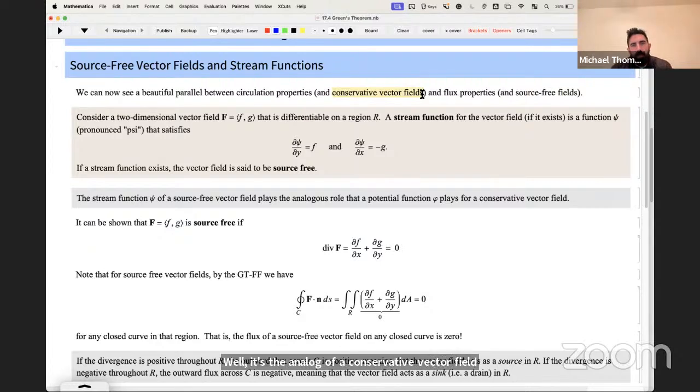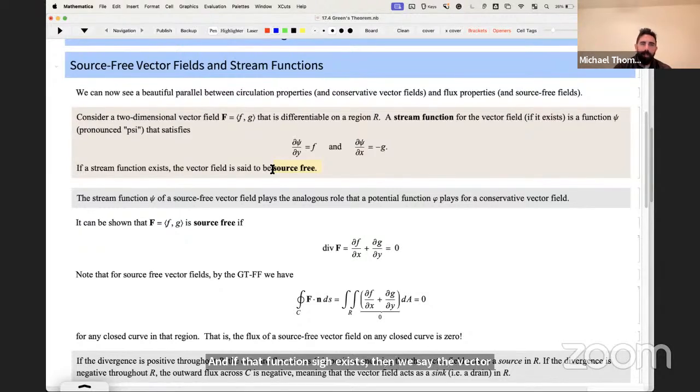If you remember, a conservative vector field is a vector field that has a potential function. A source-free vector field is the analog. It's a vector field for which there exists some function psi such that the partial of psi with respect to y is f, and the partial of psi with respect to x is negative g. If that function psi exists, then we say the vector field is source-free.